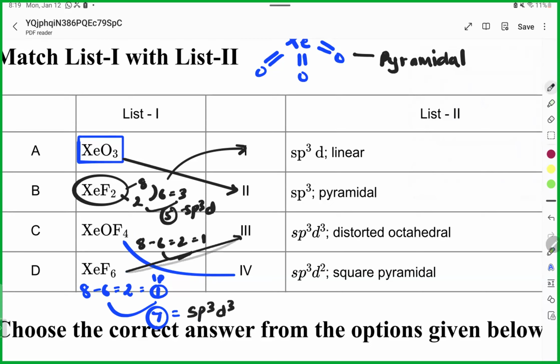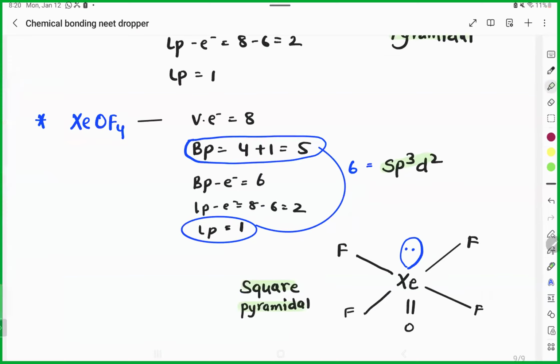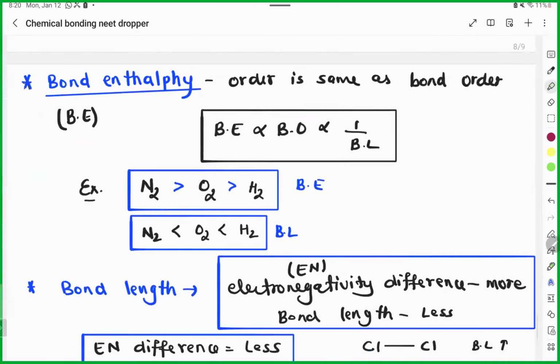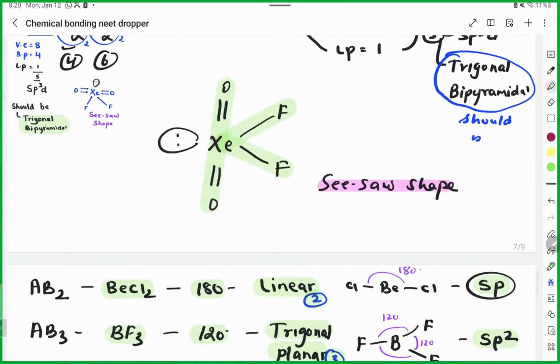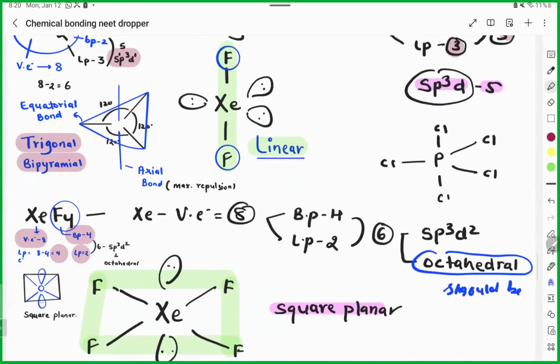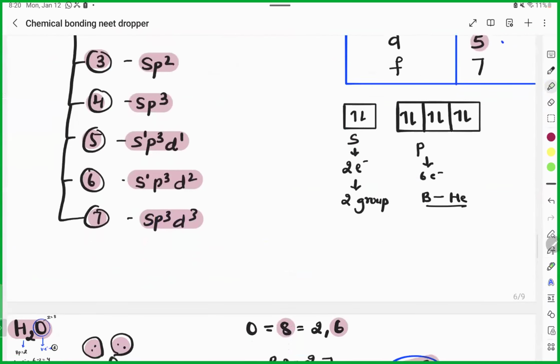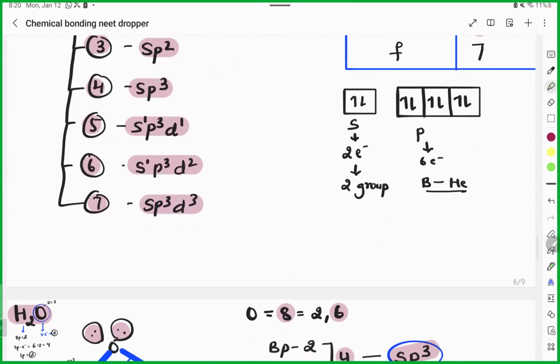I discussed this in one of the earlier classes, XeF6, this 7. See, sp3d3. Correct.